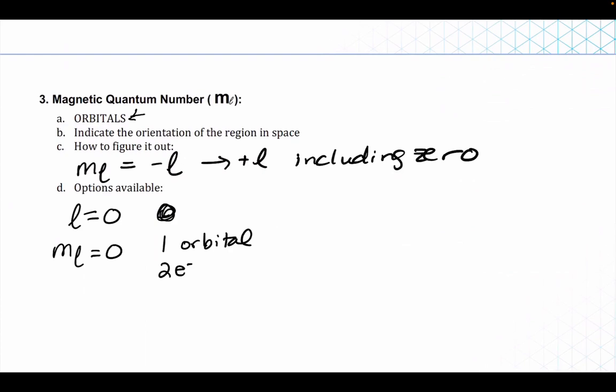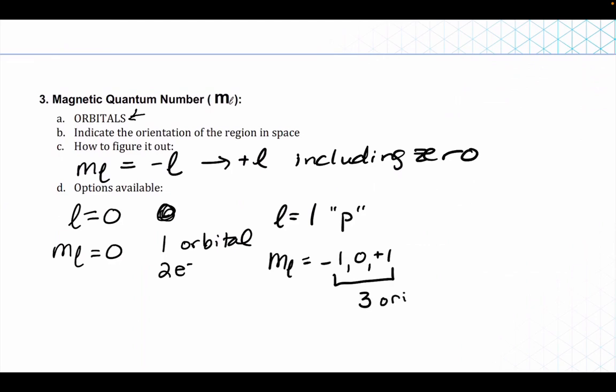The next one, if L equals 1, remember we're talking about the P, those dumbbell shapes, then m sub L, the magnetic quantum number, is -1, 0, +1. So notice there's 3 different numbers there.